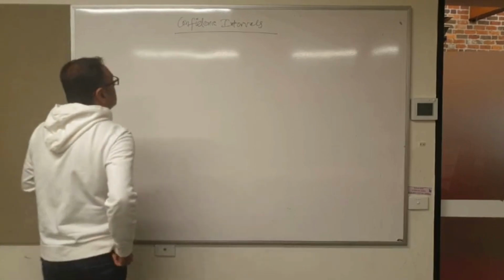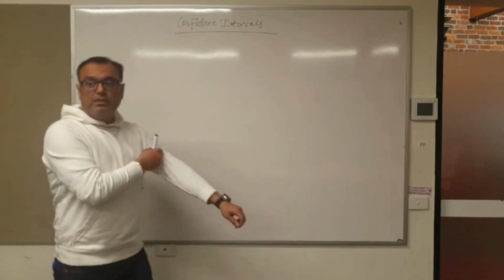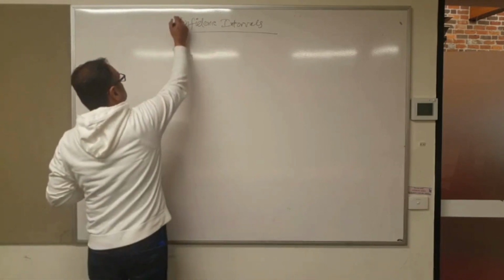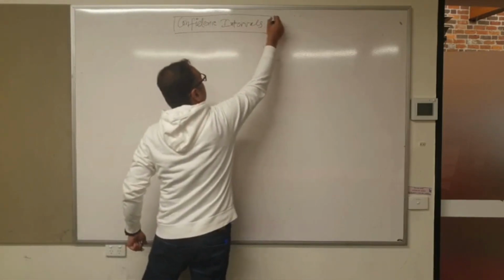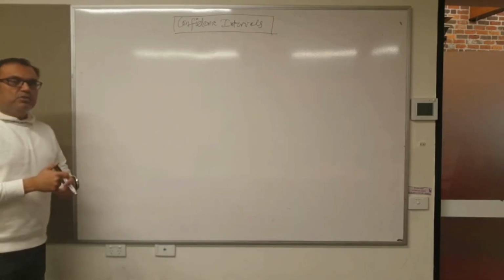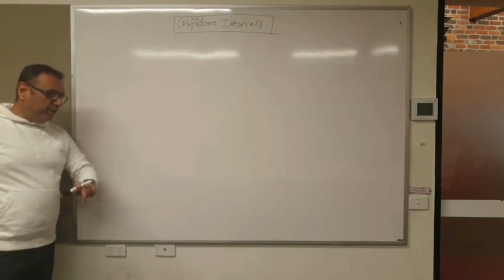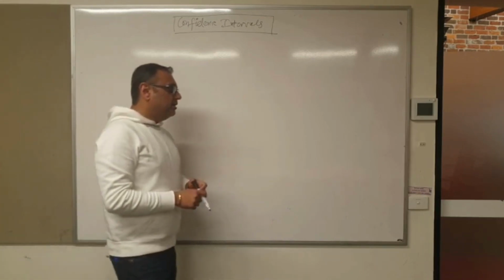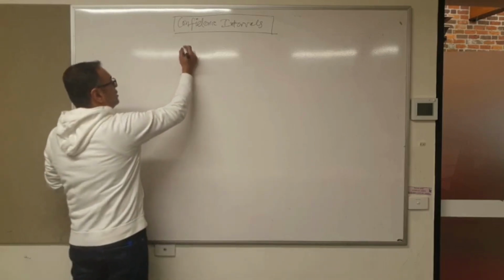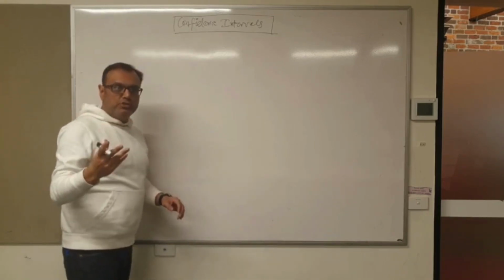So we are going to touch upon the last topic of the probability today, which is called confidence intervals. Now, so far what we've been doing is that we have been talking about two proportions.